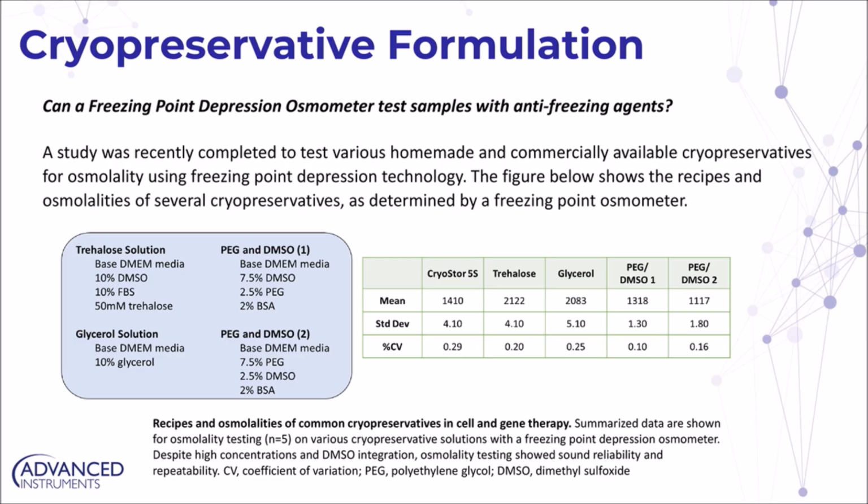So things like DMSO, or maybe not anti-freezing, but slow the freezing process. So we do have some data just to really look at the osmolality of different cryopreservative solutions, whether they're homemade, and you can see those in the blue bubble to the left, or commercially available options such as CryoStore.